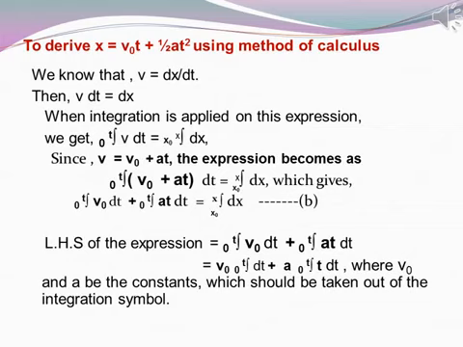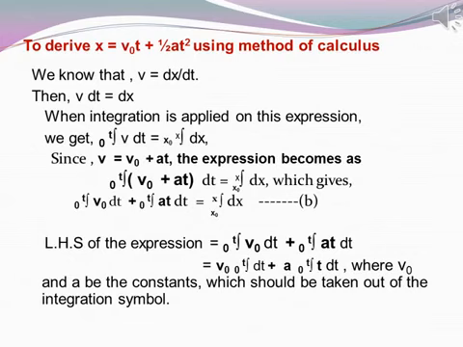Since v = v0 + at, the expression becomes integration from 0 to t of (v0 + at) dt = integration from x0 to x of dx, which gives integration from 0 to t of v0 dt plus integration from 0 to t of at dt = integration from x0 to x of dx, which is equation B.